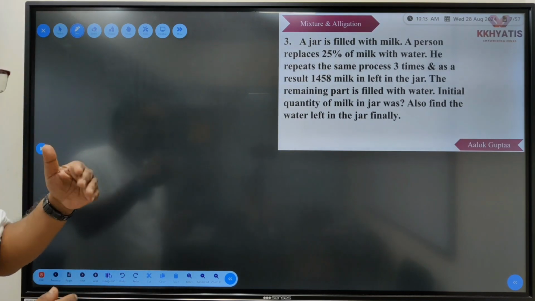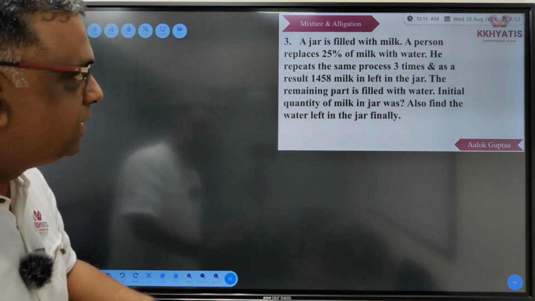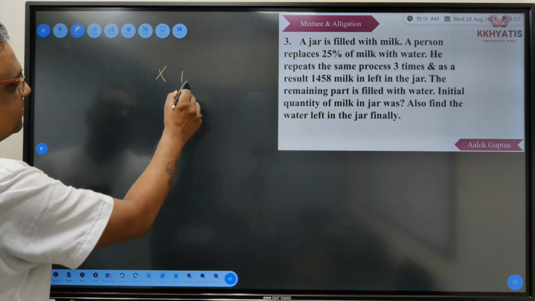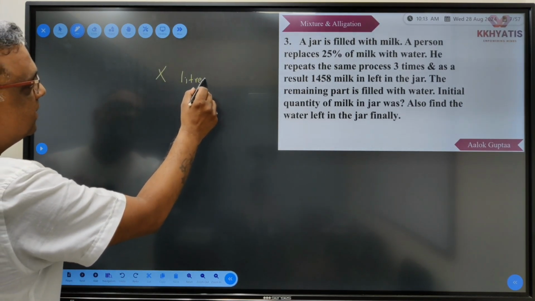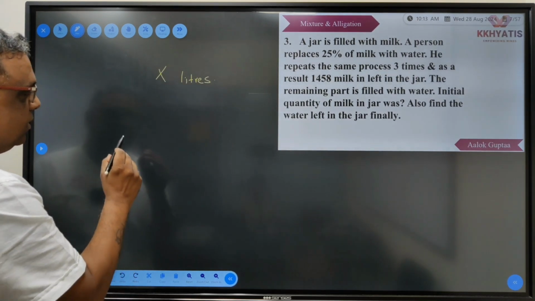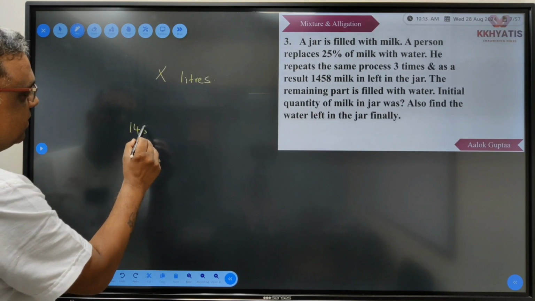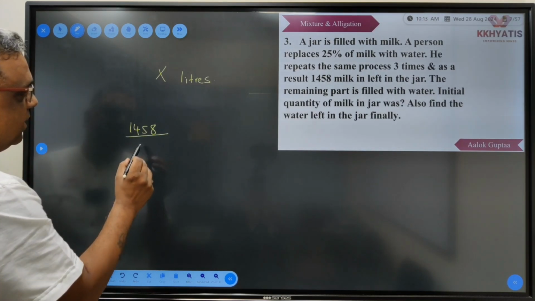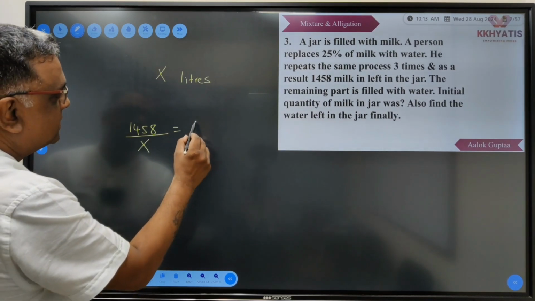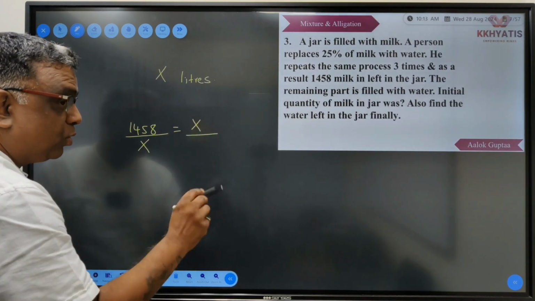So here I am being given the final quantity, right? So the initial quantity I am assuming, let us say it should be X liters. Correct? So can I say the final quantity of milk, which is given to me as 1458, upon total final quantity, which would be X only, is initial quantity of milk upon total initial quantity.